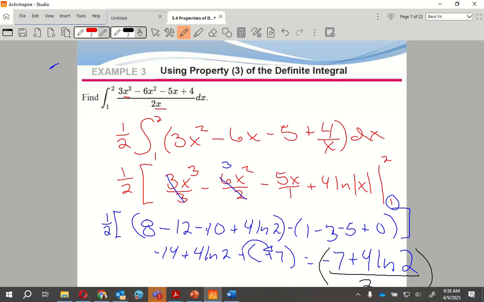That coefficient, you can't leave it alone. You always have to keep track of all your stuff. Even though we factored it out, we still have to account for it in our answer.